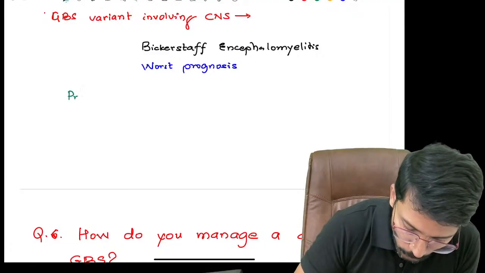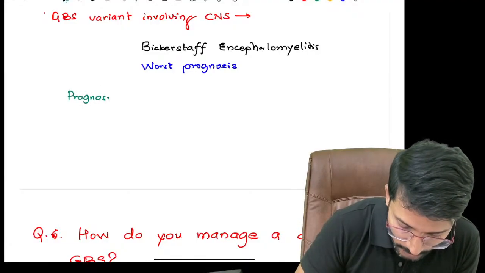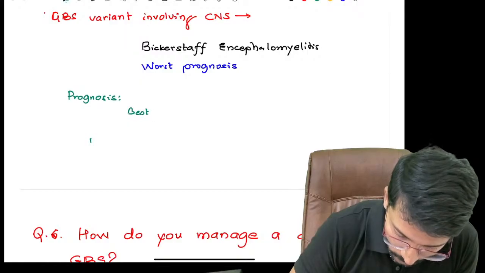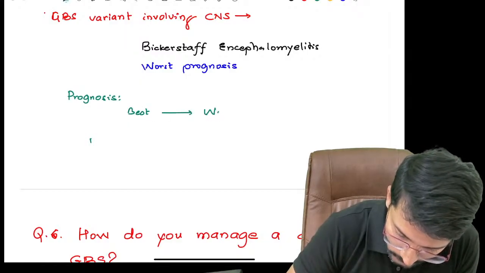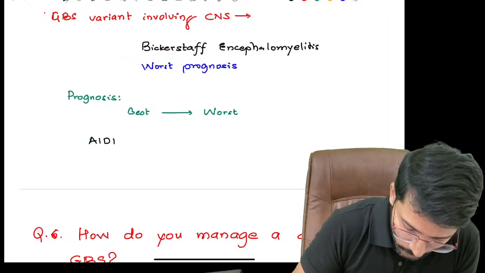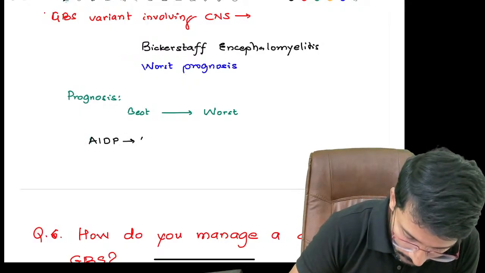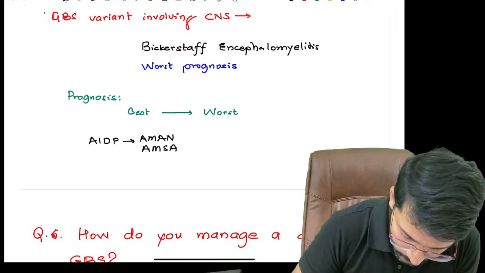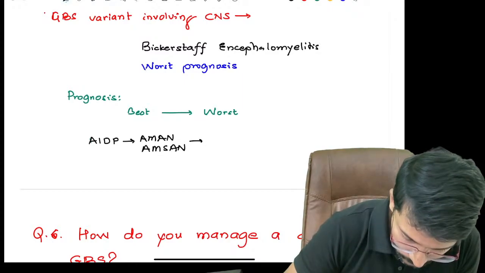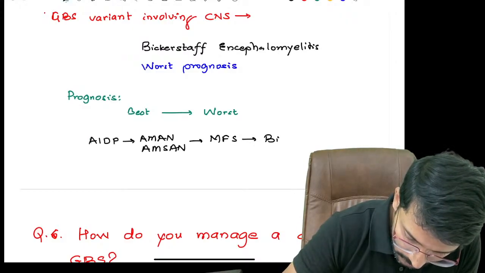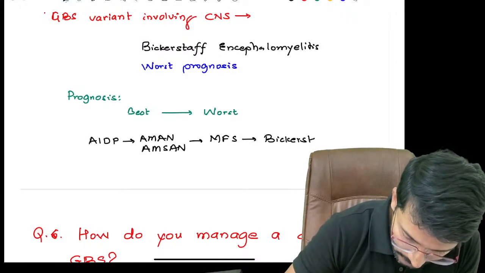So in terms of prognosis, labeling it from best to worst, best would be AIDP, right, followed by AMAN and AMSAN, followed by Miller-Fisher syndrome, followed by Bickerstaff encephalomyelitis.